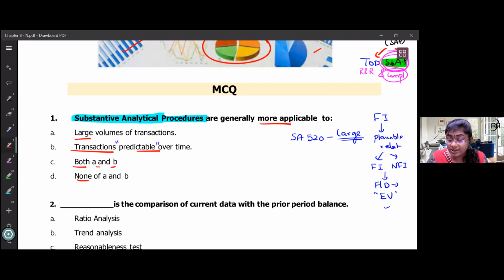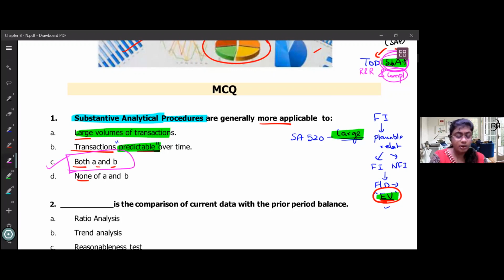Here, analytical procedures are applied when you are having some predictable amount, expected value, which we have to predict. So it's applied for large volume, of course, and also for those transactions which you can predict over time. So answer is both A and B.